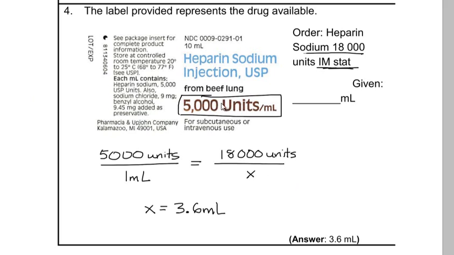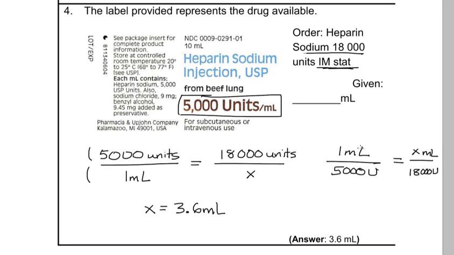Now, you're given 5,000 units per milliliter, and I wrote it with the units on top and the milliliters underneath because that's the order in which they were given. There is no reason you couldn't write this fraction upside down, so to speak. You could say if a single milliliter contains 5,000 units, then how many milliliters must I give to deliver 18,000 units?